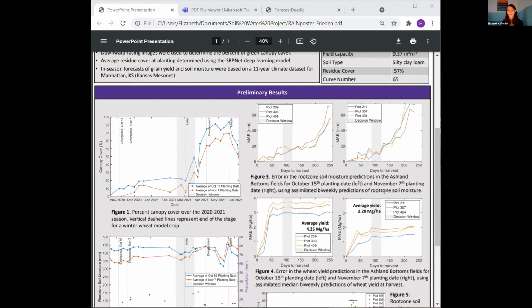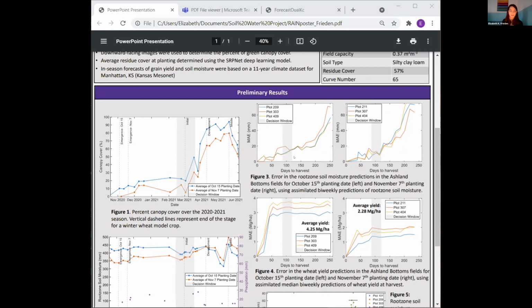When we start looking at the error calculations, figure 3 shows the error and the root zone soil moisture predictions. We have the October 15th planting date on the left and the November 7th planting date on the right as a function of the days to harvest. For both planting dates, the mean absolute error decreases most significantly right after harvest.